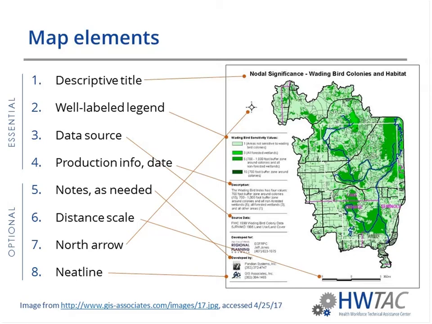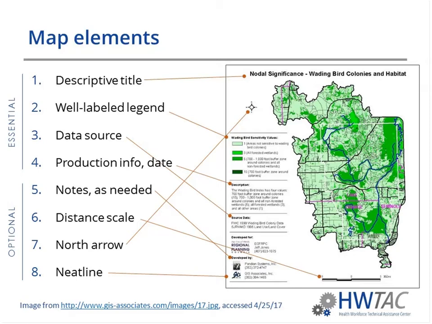Other optional elements, depending on the type of map you're producing and the people you're talking to, would be a distance scale, a north arrow, and a neat line. A neat line is a box around the map or part of the map that contains those map elements. It just keeps things nice and contained and nice and neat, hence the name neat line.